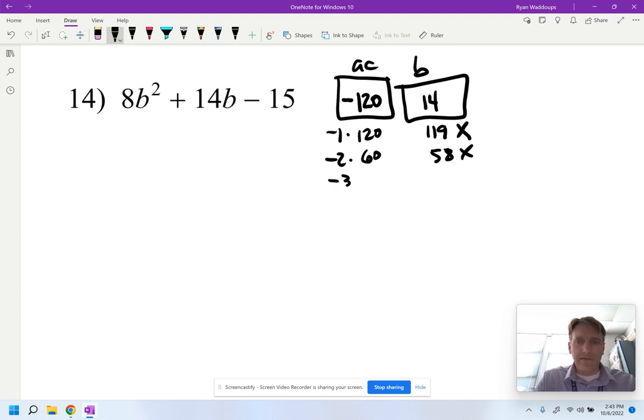Negative 3 times 40 would be negative 120, and that's 37. Not it. Negative 4 times 30 would be negative 120, and that gives us 26. And that's not it.